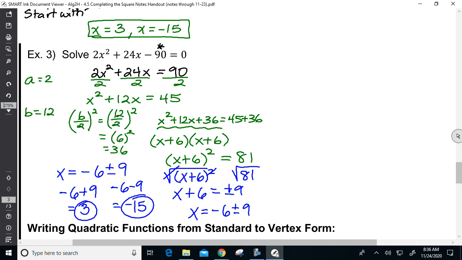Clarification is one thing. Telling you how to do it is the other. Questions on example number 3? Nothing in the chat here.